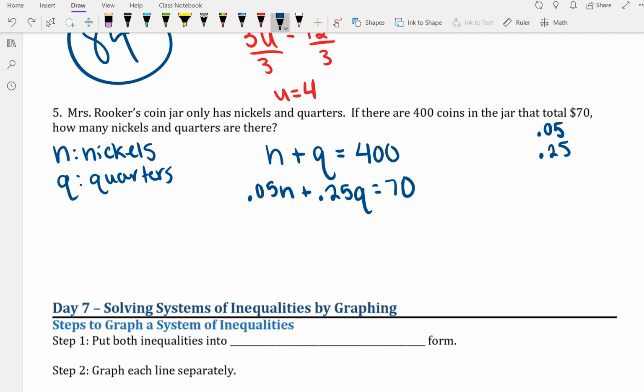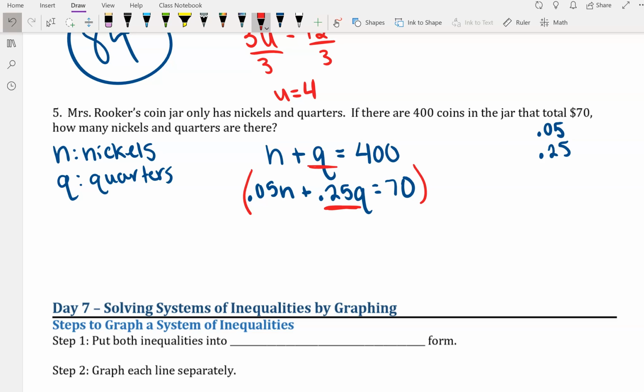All right, and then on this one, we want to use elimination. That should probably be the easiest for you. I guess you could do substitution, but I prefer elimination. And I'm going to eliminate the q's first. Otherwise, I'd have to multiply by something pretty big to cancel out the n's. So I want to cancel out the q's. I have 0.25, and I need that to somehow cancel with just 1 quarter.